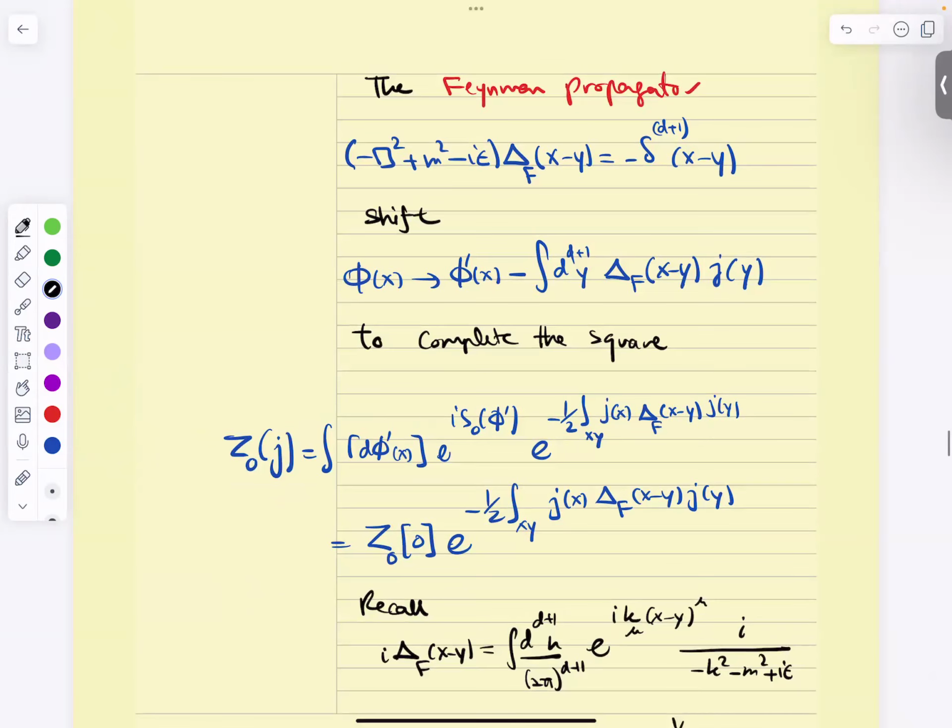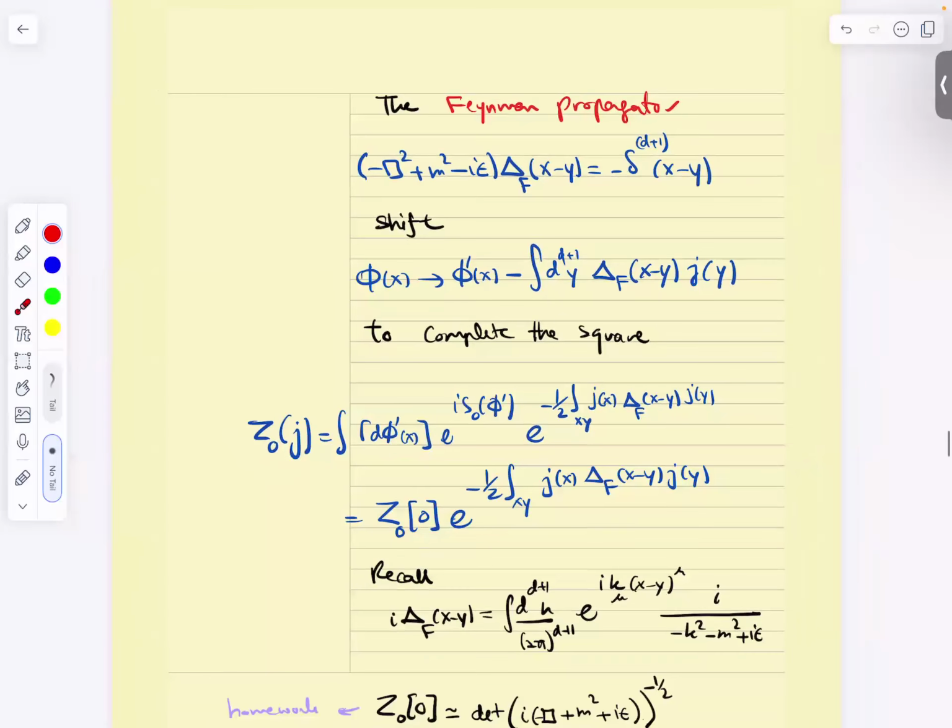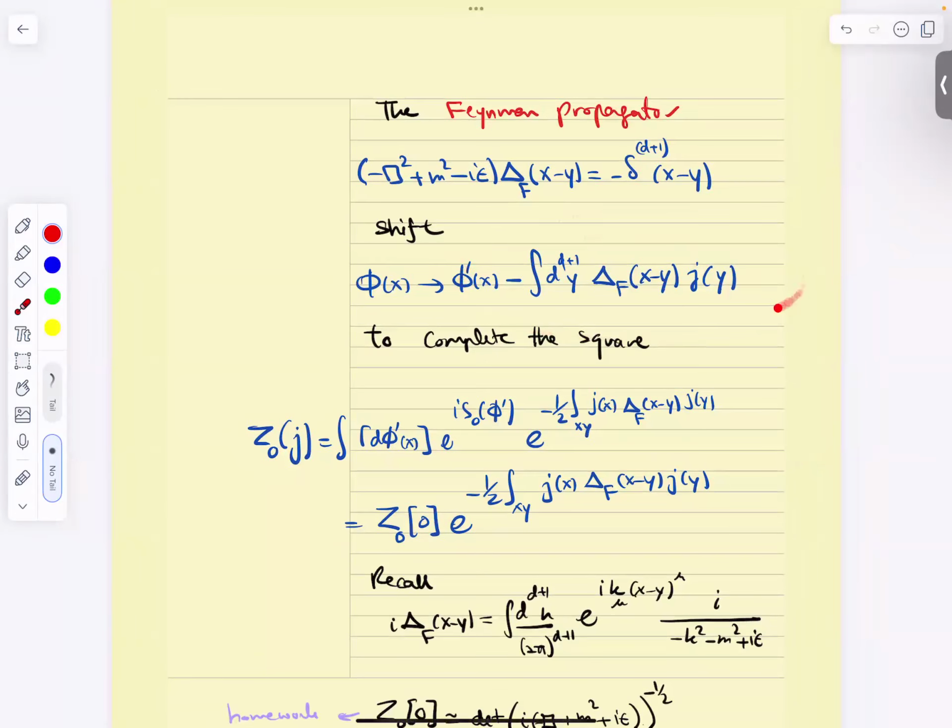Of course, you would not be surprised that the Feynman propagator is the Green function for this. Right now I'm using the relativistic notation, and all you need to do is make the following shift of variables.